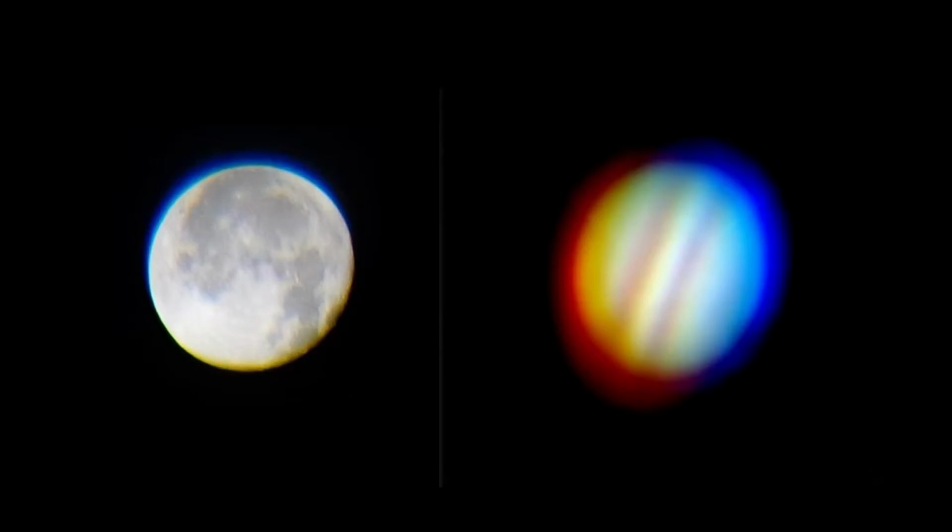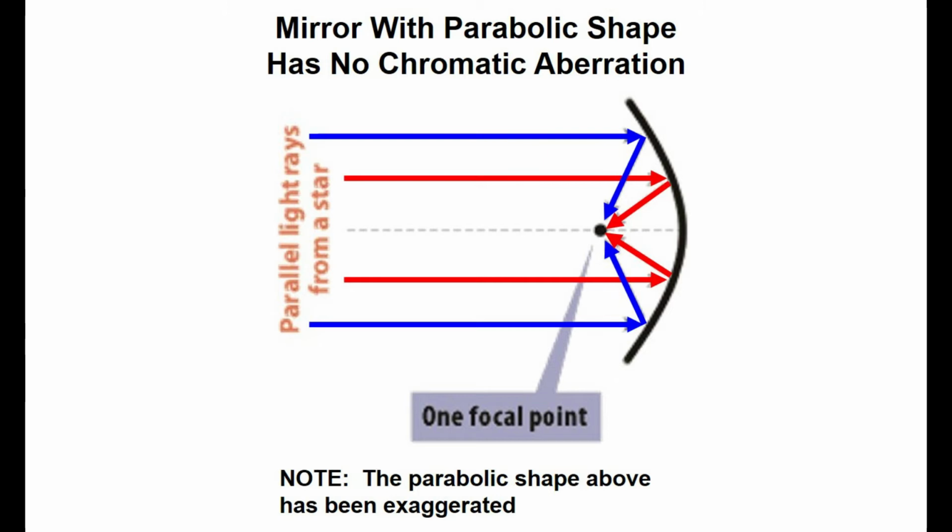The chromatic aberration shown here for the Moon and Jupiter can be avoided by getting a reflector telescope with a parabolic mirror. These images were taken through cheap telescopes. Higher quality reflectors have a parabolically curved mirror, which focuses all colors of light at the same point.